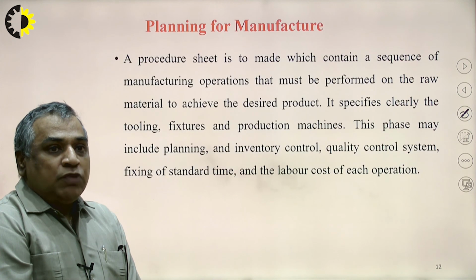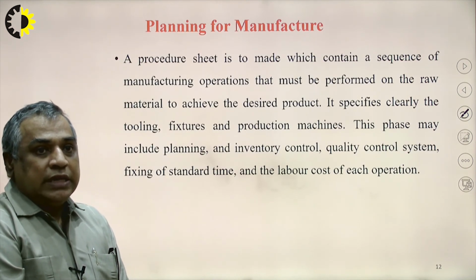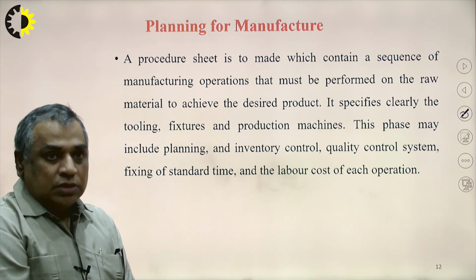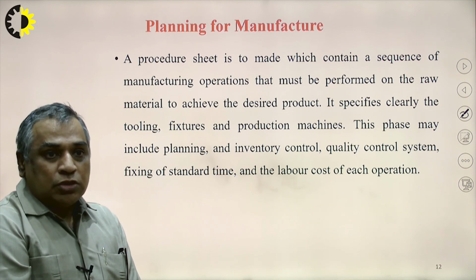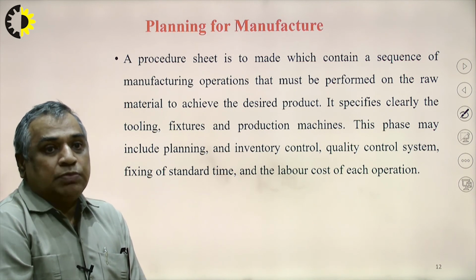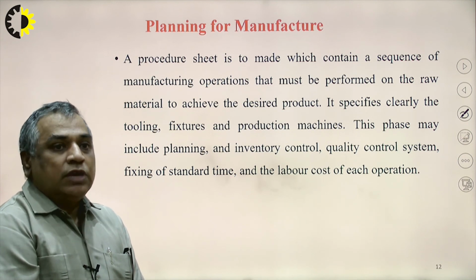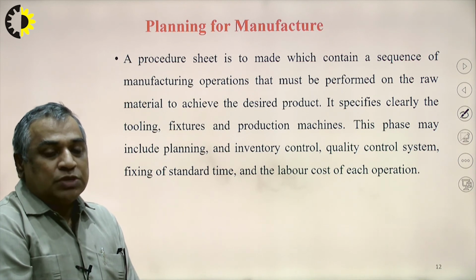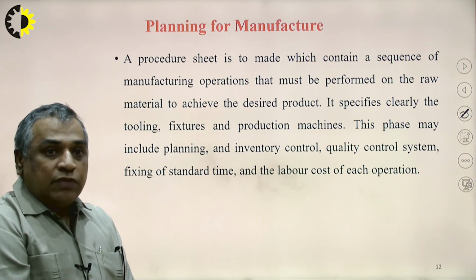Then planning for manufacture. A procedure sheet is made which contains a sequence of manufacturing operations: what operation should be taken first, then what should be next, and then what should be performed on the raw material to achieve the desired product in a particular sequence. It specifies clearly the tooling, what kind of tool and what material is required, and what type of fixtures and production machines are required to convert the raw material into the final product.